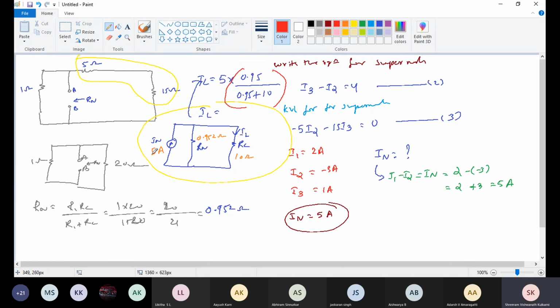IL is equal to total current into opposite resistance divided by the sum of the circuit resistance, that is Rn plus RL. IL equals how much? 0.433. Fine. Next problem.